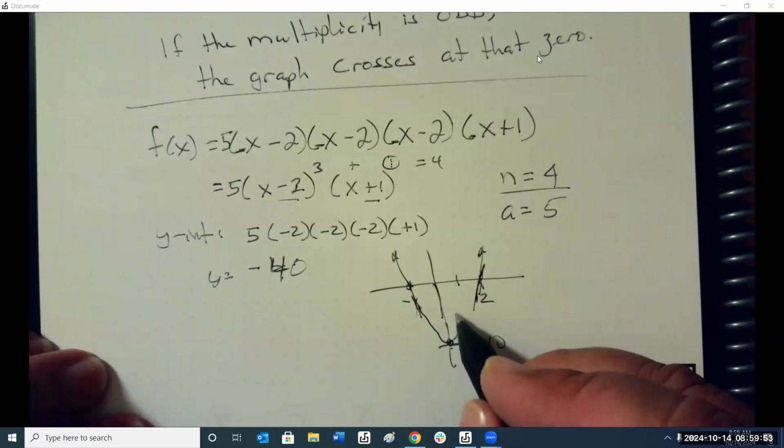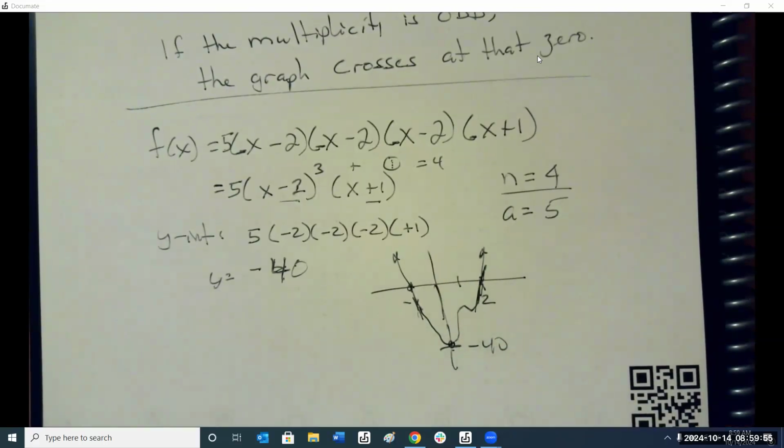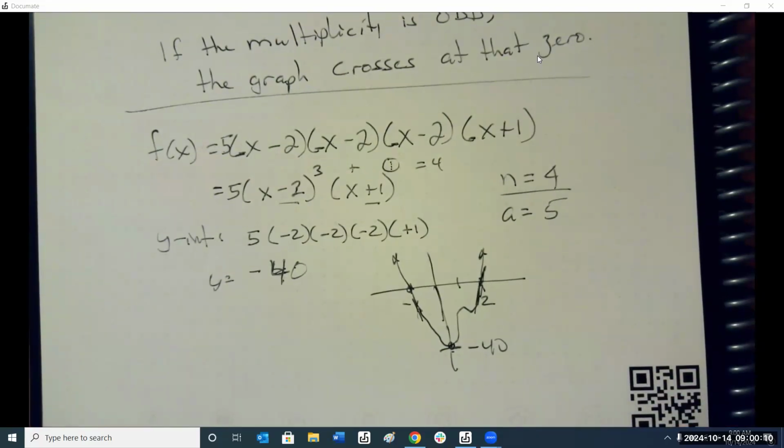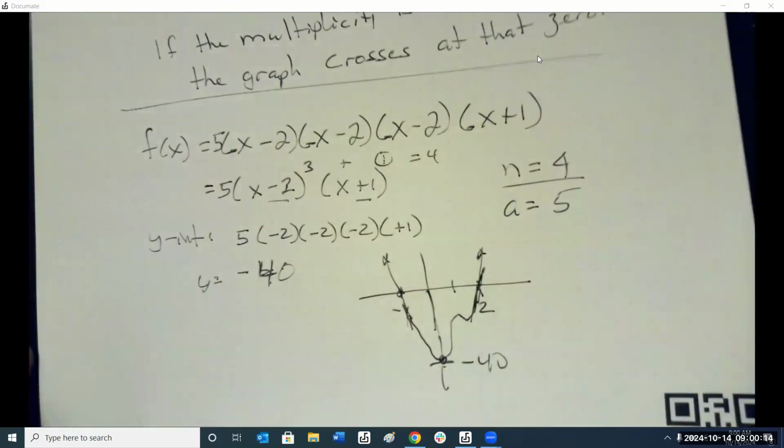So it looks something like that. Right, so that's what the multiplicity is about, and that's what's going to help us draw graphs, or if we have to choose a graph. So we know what the graph answer is supposed to look like.